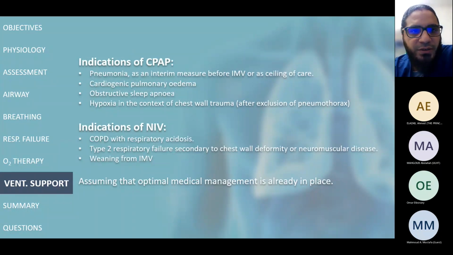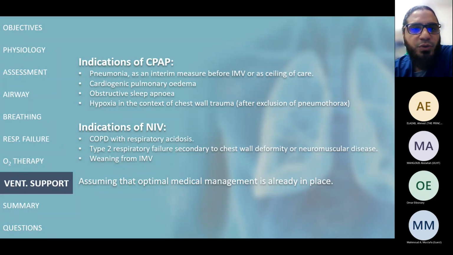So what are the indications for each of these? CPAP is mainly to improve oxygenation. It doesn't support the ventilation much. So you have a patient who is hypoxic, but he's still breathing and still able to maintain his own breathing.